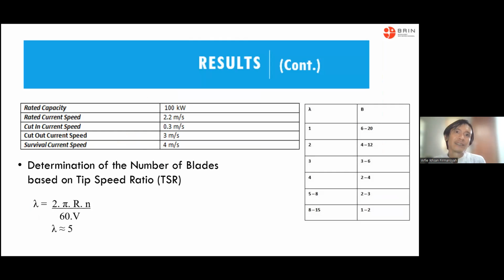The next step is determination of the number of blades, using the tip speed ratio equation, or TSR. The TSR value is 5 for this case. Comparing with the table on the right side, the number of blades we decided is 3.